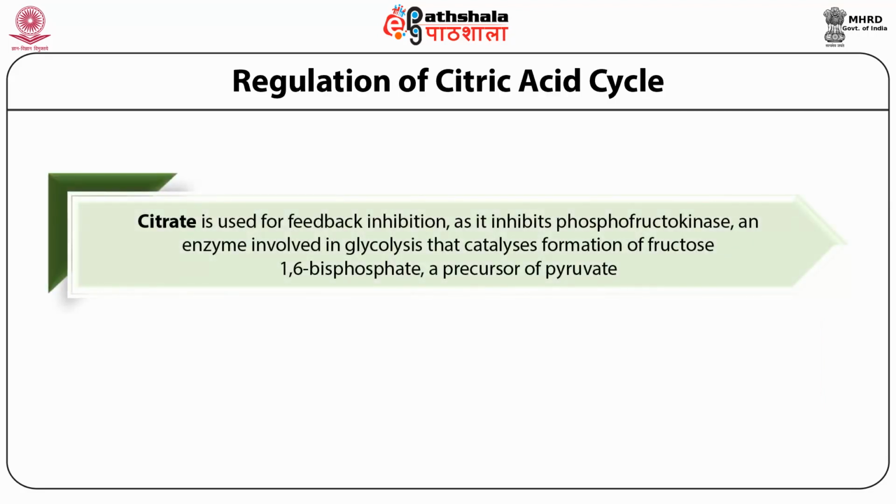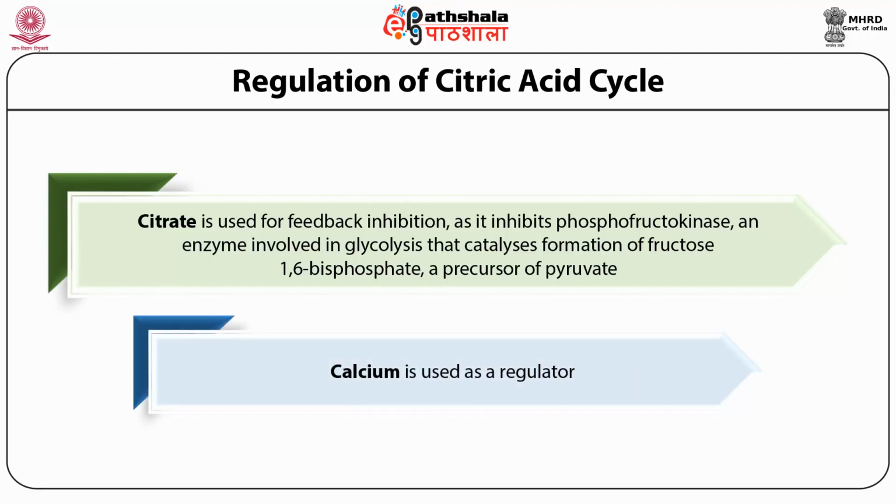Citrate is used for feedback inhibition, as it inhibits phosphofructokinase, an enzyme involved in glycolysis that catalyzes formation of fructose 1,6-bisphosphate, a precursor of pyruvate. This prevents a constant high rate of flux when there is an accumulation of citrate and a decrease in substrate for the enzyme.